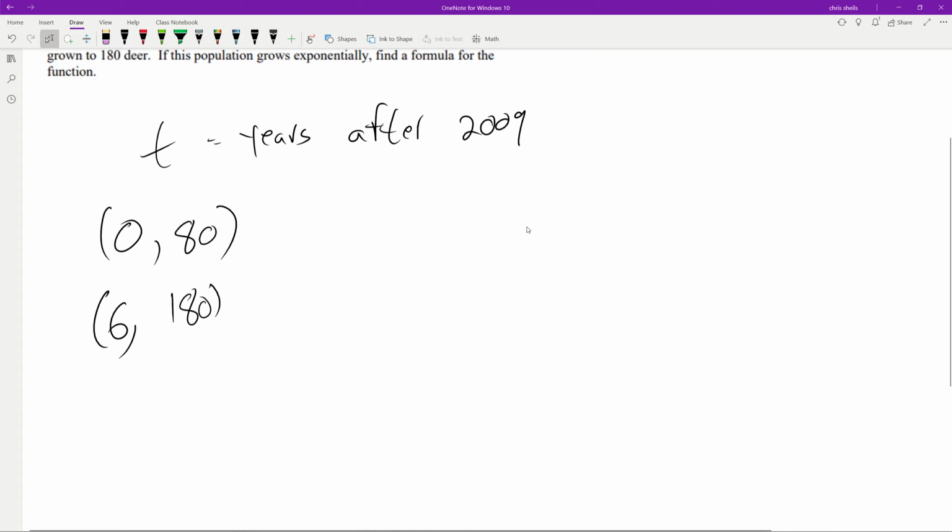Notice that this means our initial value is 80, because at t equals 0, we have 80 deer. So this already gives us the equation f of t equals 80 times b to the t power. Now if we substitute in our second input-output pair, we can solve for b.